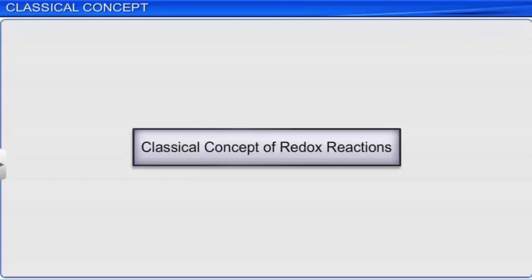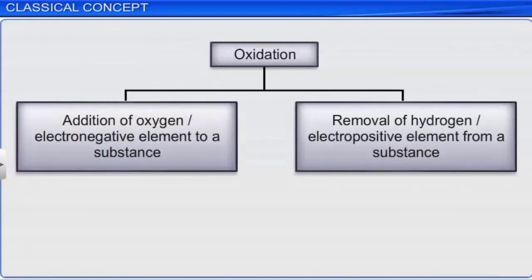According to it, oxidation is defined as addition of oxygen or an electronegative element to a substance, or removal of hydrogen or an electropositive element from a substance. Reduction is the opposite of oxidation.